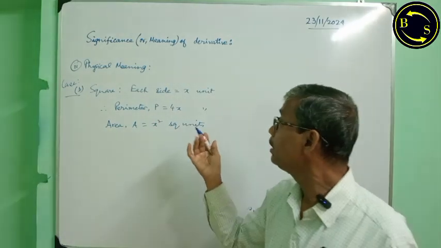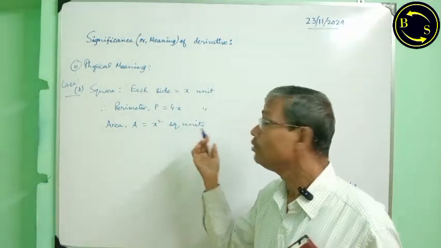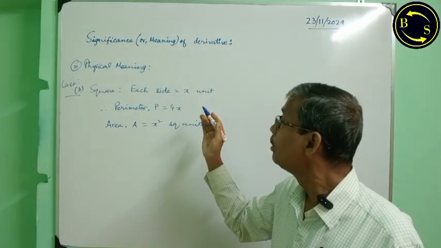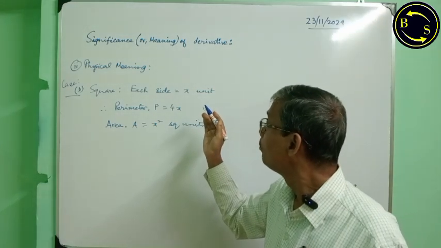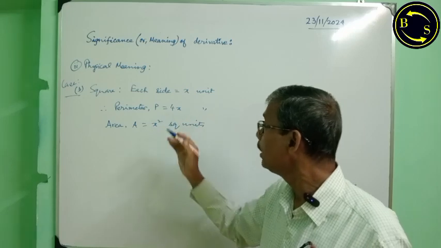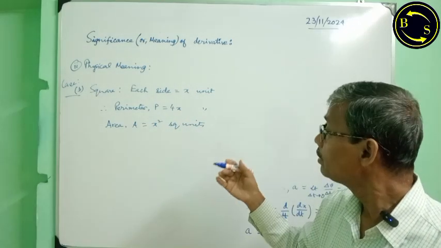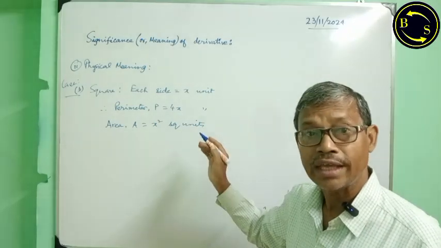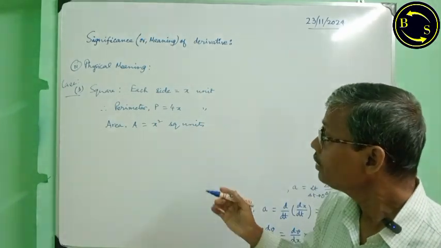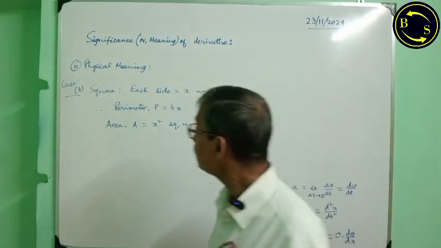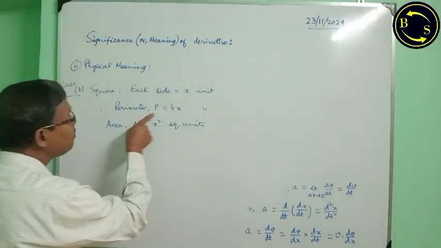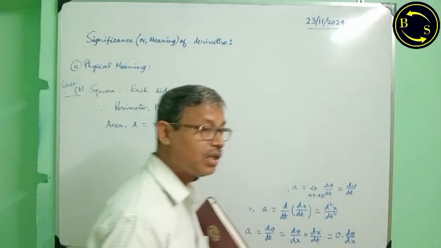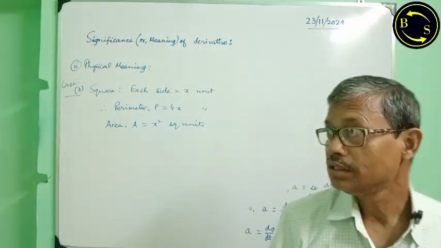Side may be dependent on t, or perimeter and area are dependent on x. Then we can consider, in case of perimeter, dp dx, that is rate of change of perimeter.